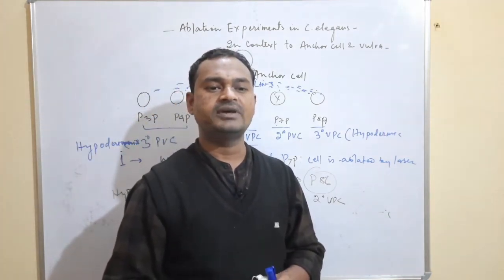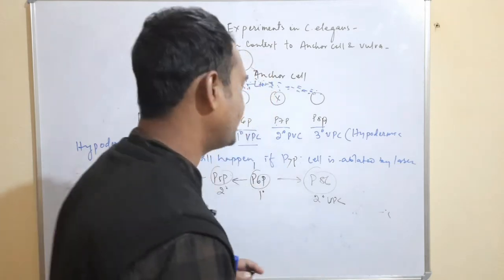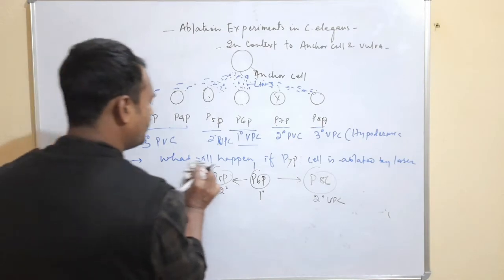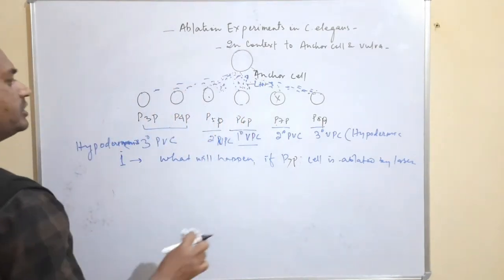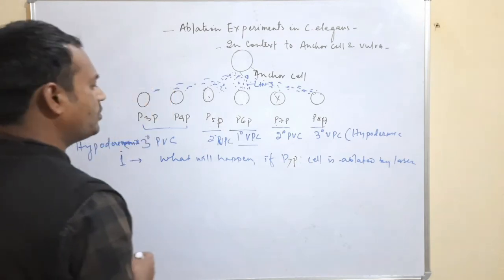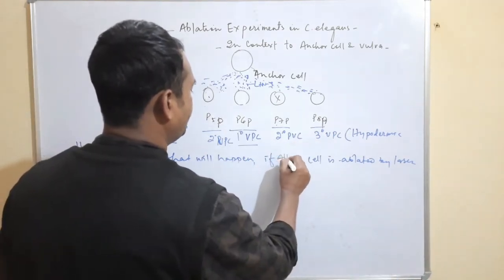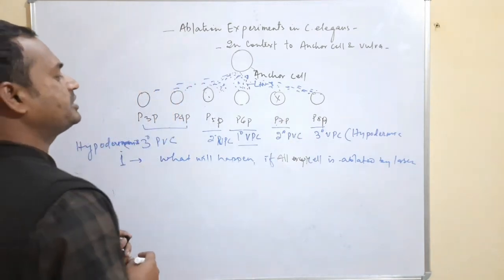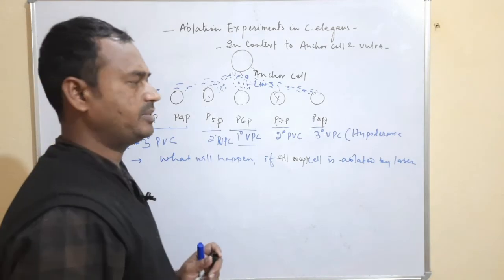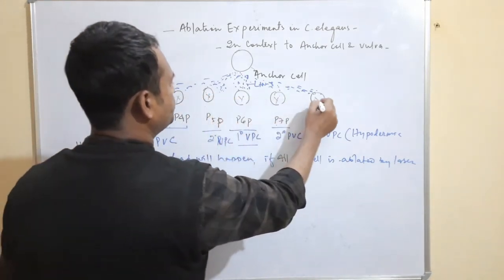Suppose if all the cells are ablated, means what will happen? Till now we have gone through the one by one cell ablation experiment. Now what will happen if all except the P3.p are ablated? Suppose this one is also ablated, this one also, this one also, this one also will be ablated.